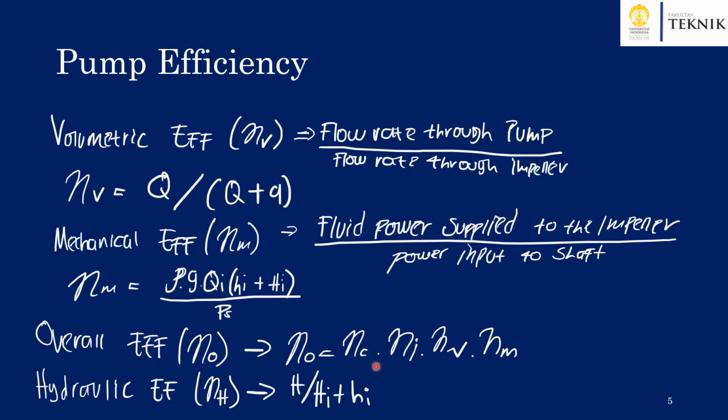And also we have the hydraulic efficiency, or NH, which is a function of the total head across the pump, capital H, divided by the total head across the impeller, capital HI, plus the energy loss due to friction at the impeller, or small hi.